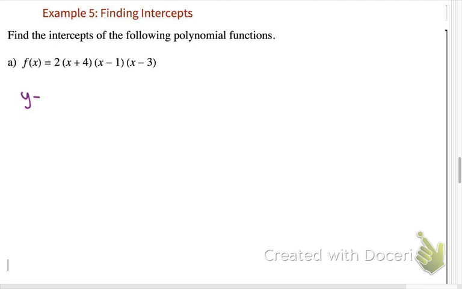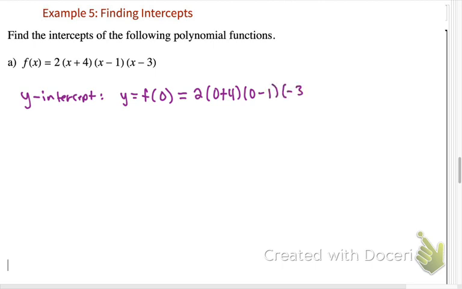Okay, so the y-intercept is going to be obtained by inputting the value of 0 into the function. So we get 2 times 0 plus 4 times 0 minus 1 times 0 minus 3. And of course, that becomes 2 times 4 times negative 1 times negative 3. 2 times 4 is 8.